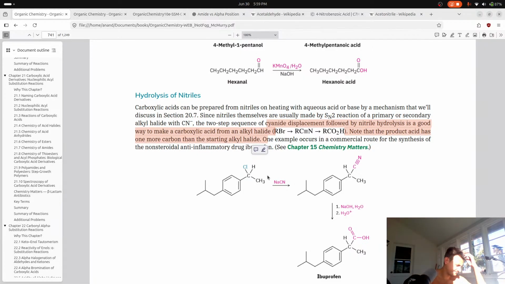Okay, so note that the product acid, this is an SN2.